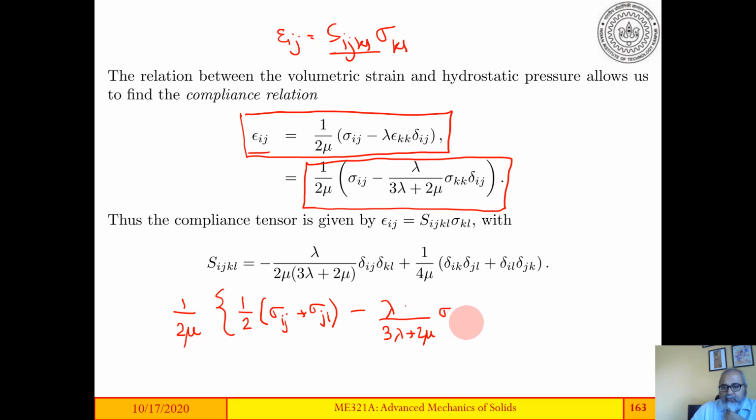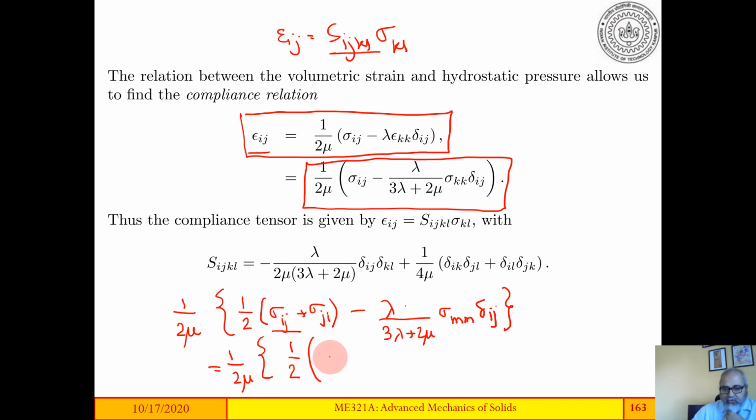So I will write this as sigma mm delta ij to start with. Okay, so then I have 1 by 2 mu. I want to turn this into sigma kl.